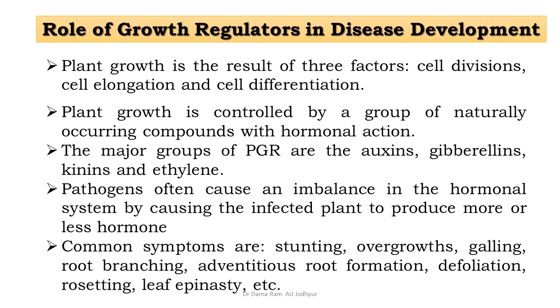Auxin, gibberellin and cytokinin are growth promoting substances, whereas ethylene and abscisic acid are growth inhibiting substances.